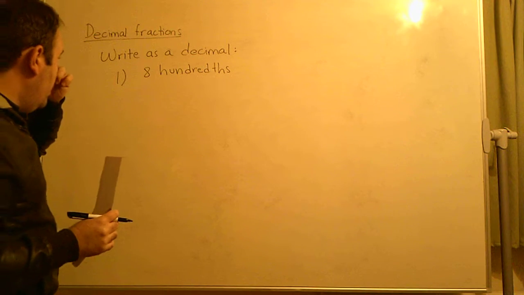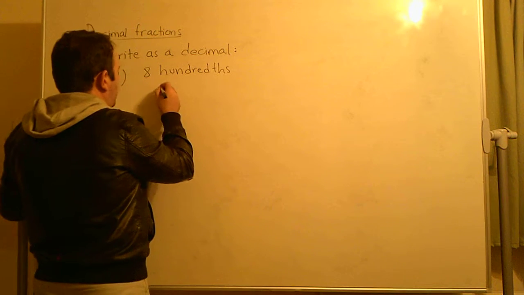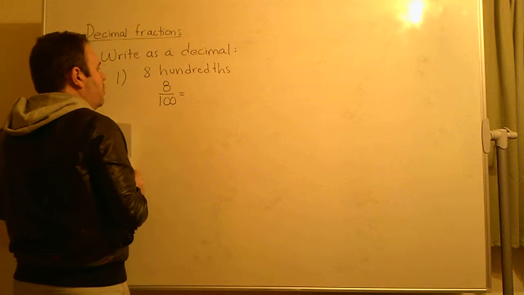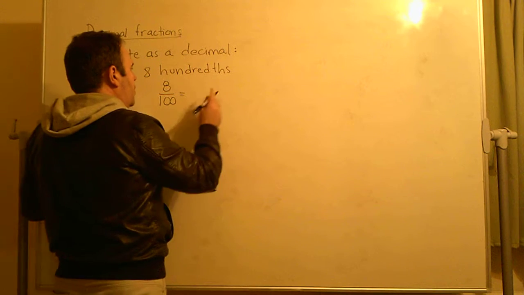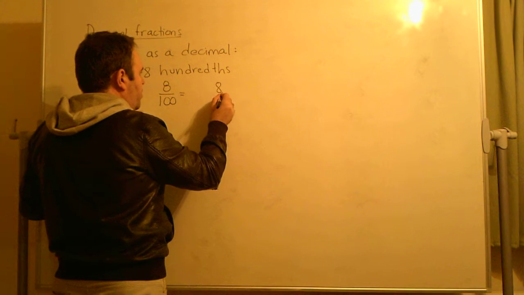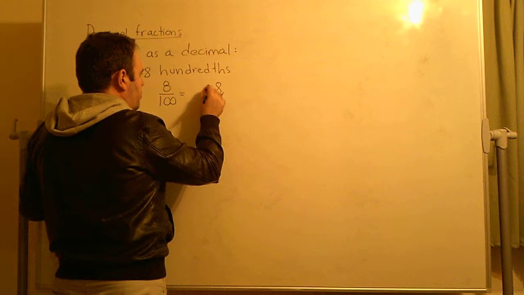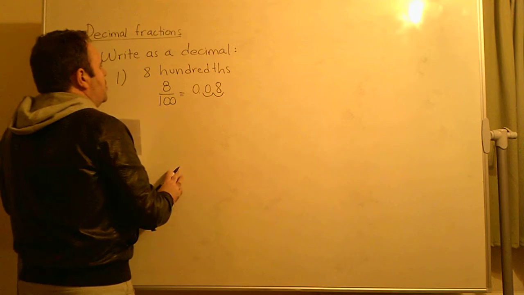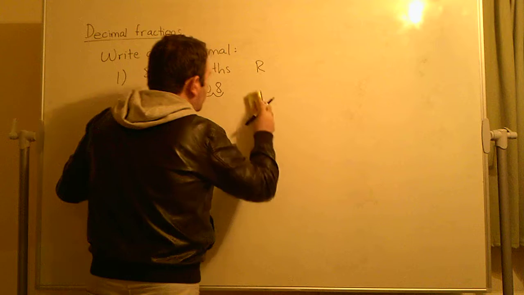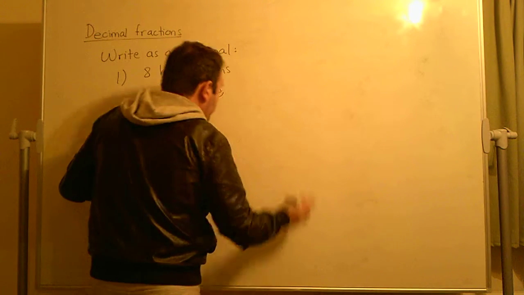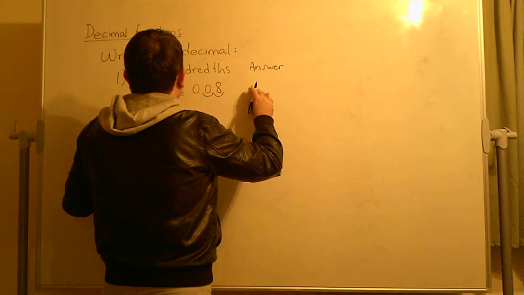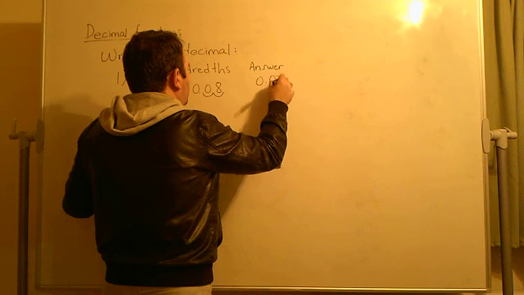That would basically be 8 divided by 100. So we need to write down 8 here, and then we need to move the decimal point 1 and 2 places. So the answer would be 0.08.